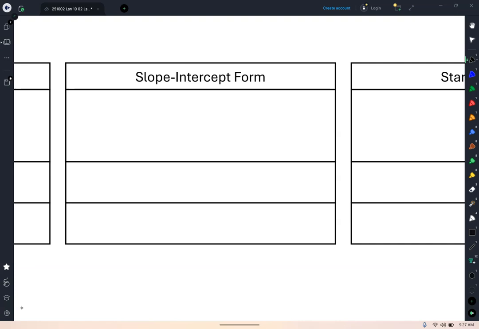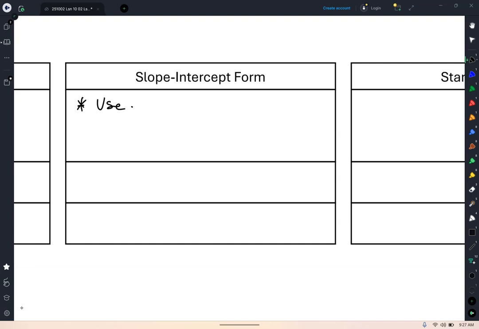Okay, so we're going to talk about when these different formats are helpful for us, because it's not just about having different formats, it's about which ones are the most helpful in certain situations, which you're going to be applying in your homework, okay? So let's start with the slope-intercept one.